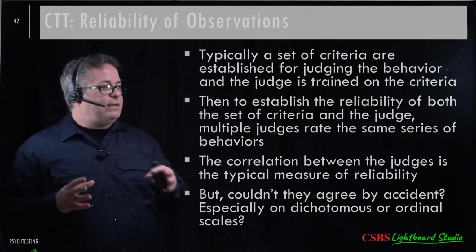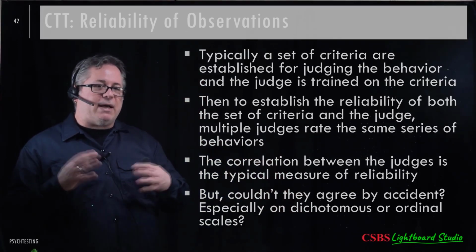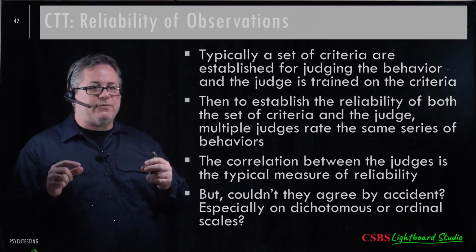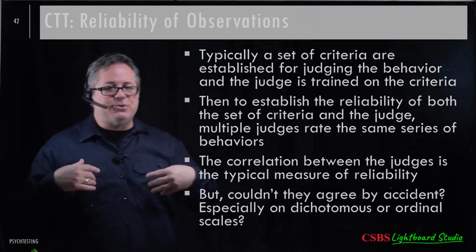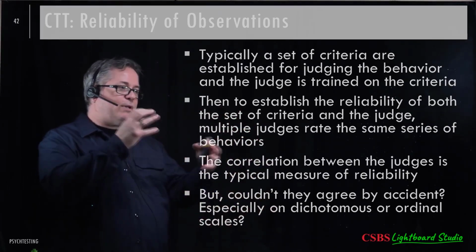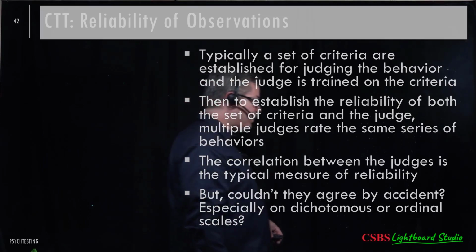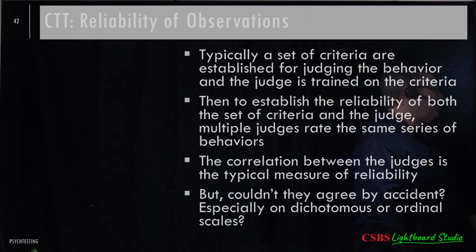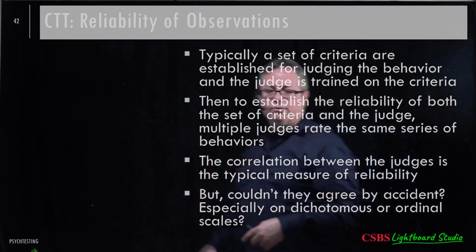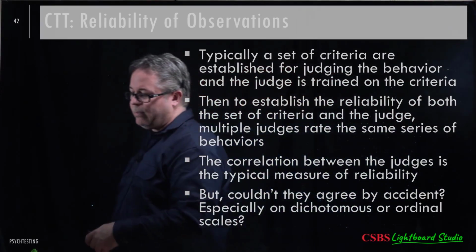If they didn't agree and their reliability is not very good, you go back to the rubric and you fix it. You change how the scoring mechanism goes. You try to make it more specific. You try to clarify things. You have them use it again, and you see if they're more reliable. If you get to a point where they are at a 0.8 reliability, then you figure the rubric and the instructions are clear enough, and you're done, and you can start to apply it.